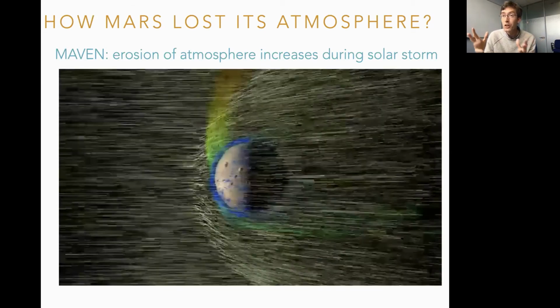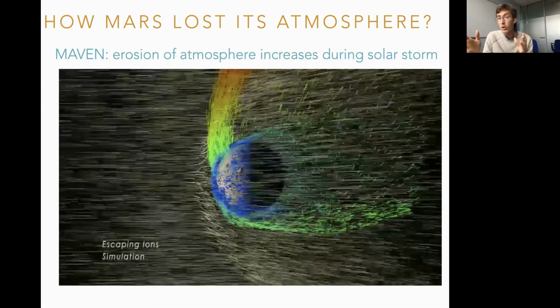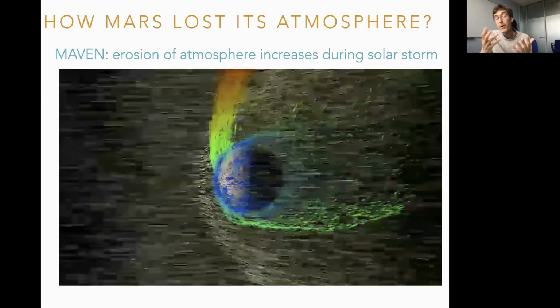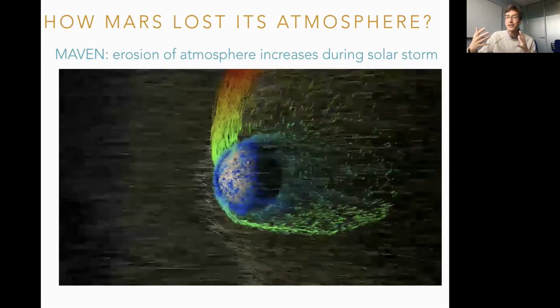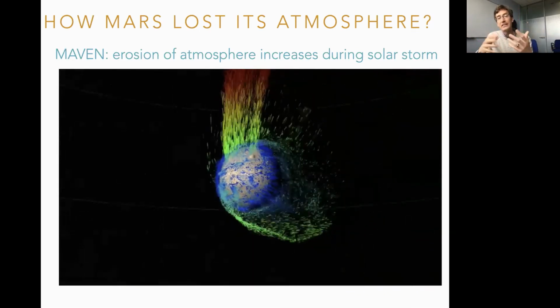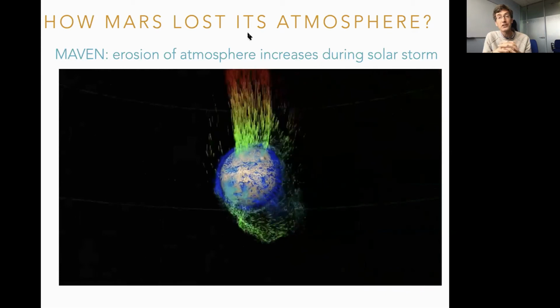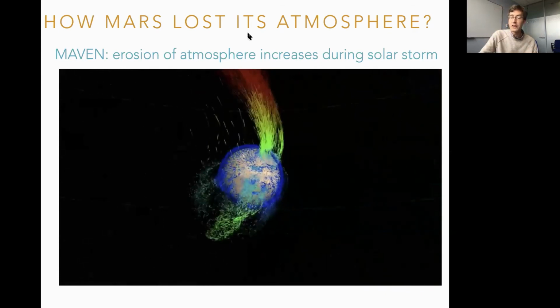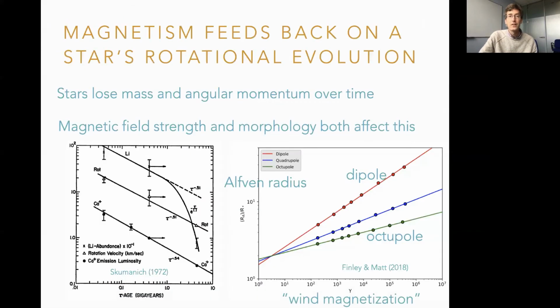It also has no global scale magnetic field anymore, although we think it did at some point in the past. It has a remnant crustal magnetization. Anyway, so it doesn't have that sort of protective shield that we do. And MAVEN did some measurements of atmospheric loss during a particular geomagnetic event, which is kind of cool. Anyway, I'll leave you to explore that on your own.